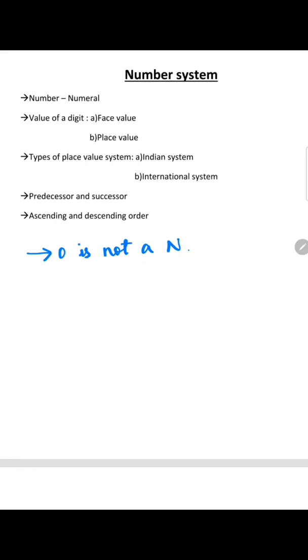You have to remember that 0 is not a natural number and all the natural numbers are positive. Natural numbers can never be negative.